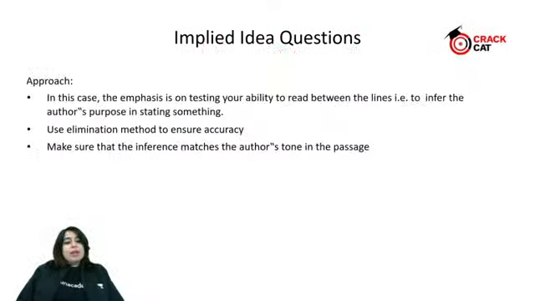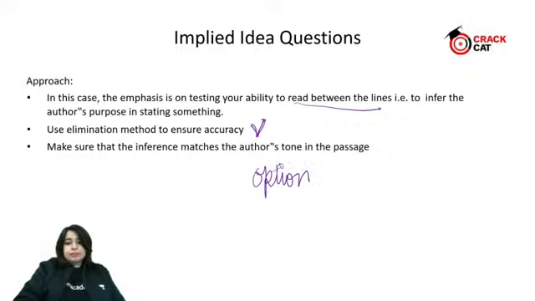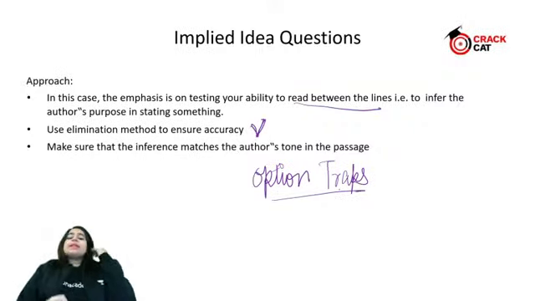Now let's look at what our approach should be. Our approach should be again to read between the lines, to be able to infer the author's purpose, to take out as many inferences as we can, and then use elimination to ensure accuracy. Of course, we'll be using option traps. Option traps as a technique will help you to a great extent.